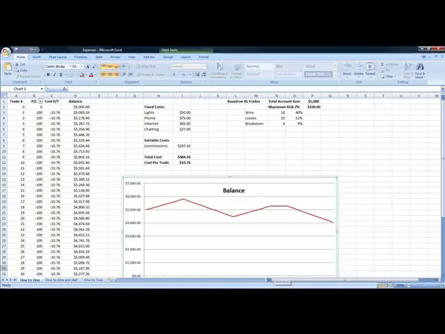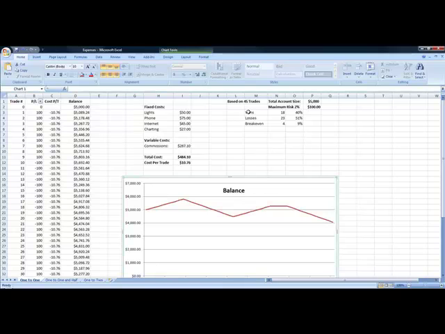Now, the spreadsheet that I have is based on 45 trades, which was the average number of trades. The total account size for trading one contract is $5,000. We're going to set the maximum risk to 2%. So the maximum that we are going to risk on any one trade is $100.